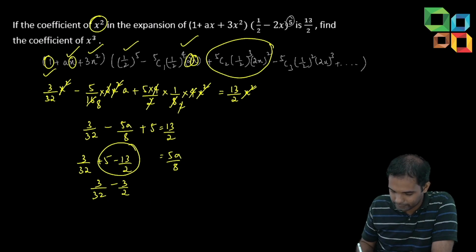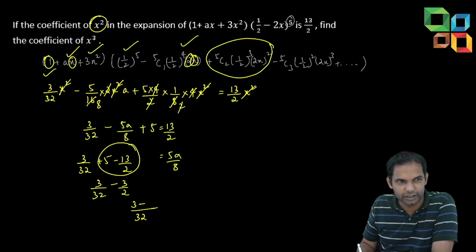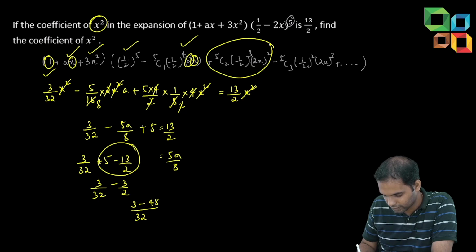Let's take the LCM. LCM is 32. So 2 16s are 32. Here I need not multiply anything, so it is nothing but 3. For the other term, it is 3 times 16, or it is 52 or 42, 32, sorry, 48. Yeah.